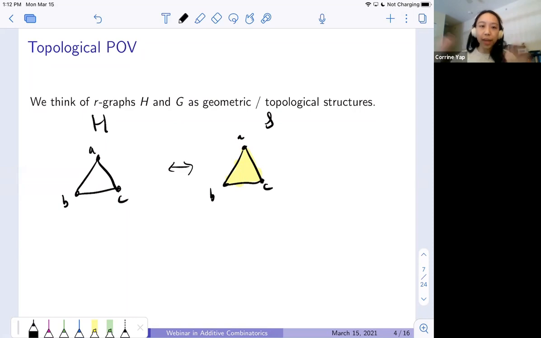So I can take my R-uniform hypergraph, or really any hypergraph, but we're only going to be thinking about R-graphs, and have it correspond to this simplicial complex.